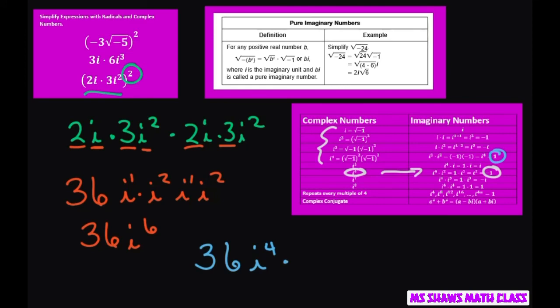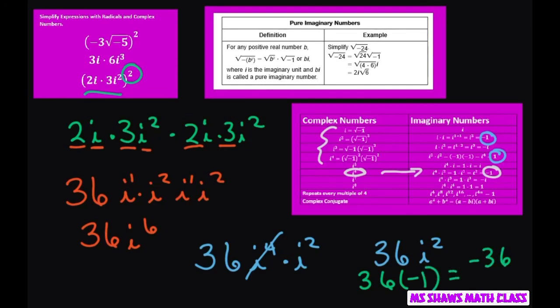But then we have to say i squared. So this is just going to be 1 times i squared. But i squared is negative 1. So now we can rewrite this as 36 times negative 1 equals negative 36. And that's your final answer.